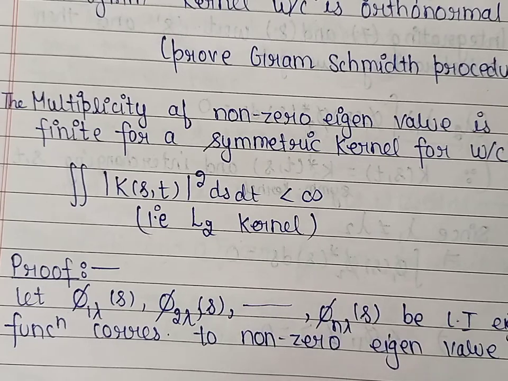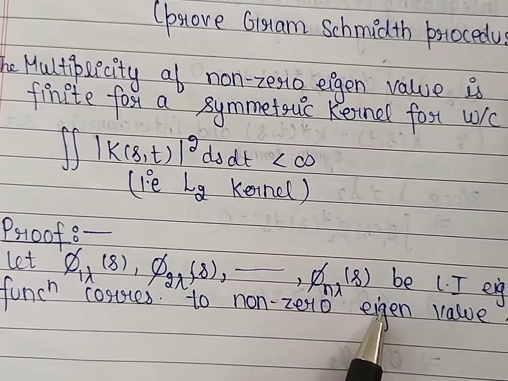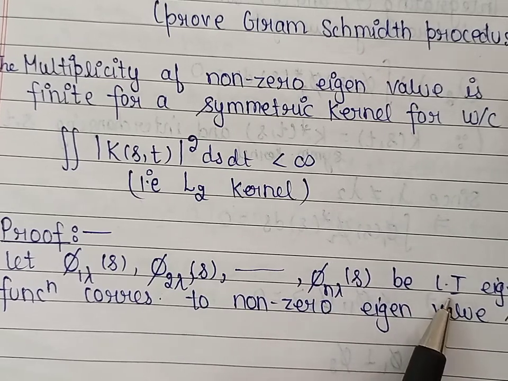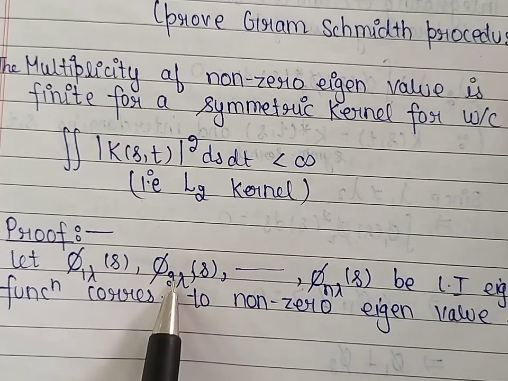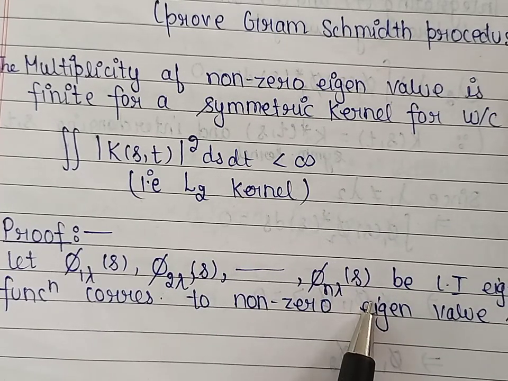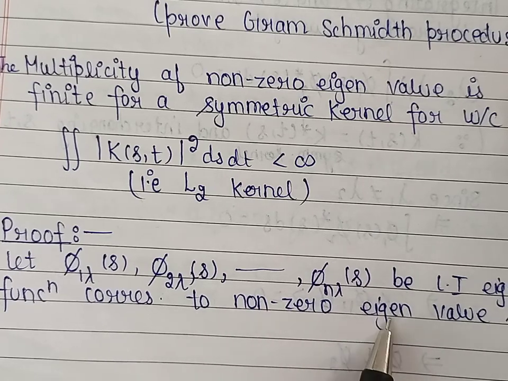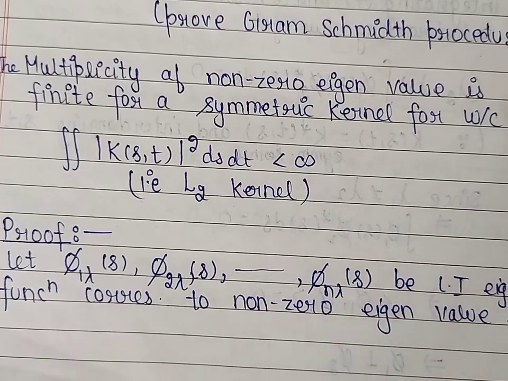So now let us take, corresponding to a non-zero eigenvalue lambda, the linearly independent eigenfunctions phi1 lambda, phi2 lambda, phi3 lambda and so on, phi n lambda. These are the linearly independent eigenfunctions corresponding to the non-zero eigenvalue lambda.